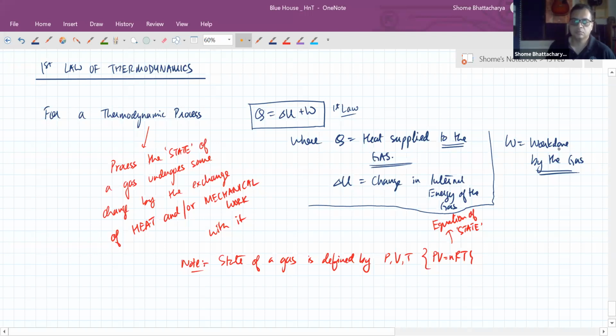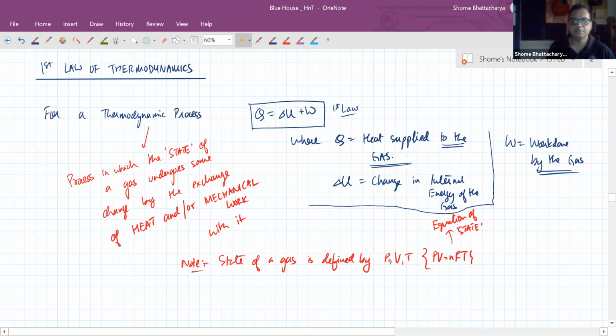Okay, so sorry, what we mean by this is that it is a process for which the state of the gas undergoes some change.